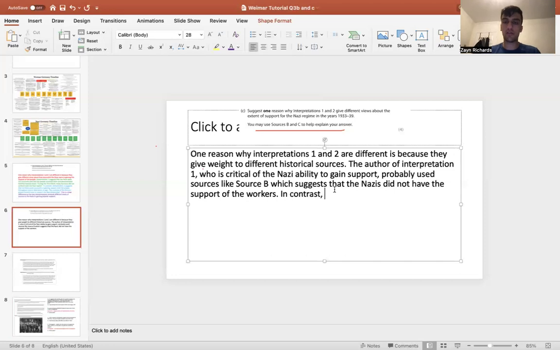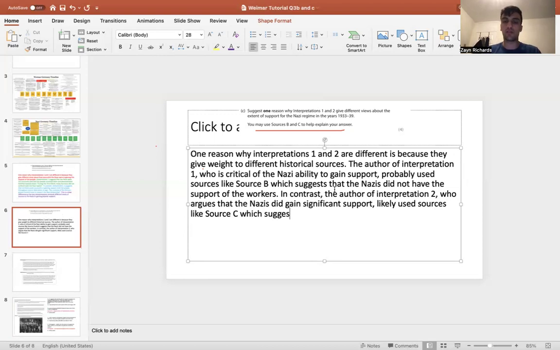In contrast, the author of interpretation 2, who argues that the Nazis did gain significant support, likely used sources like source C, which suggests that Hitler was a popular and well-liked figure.